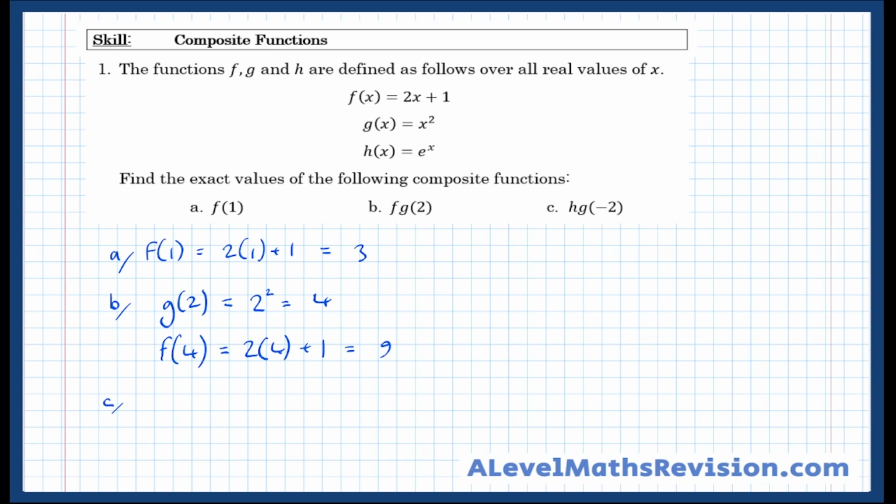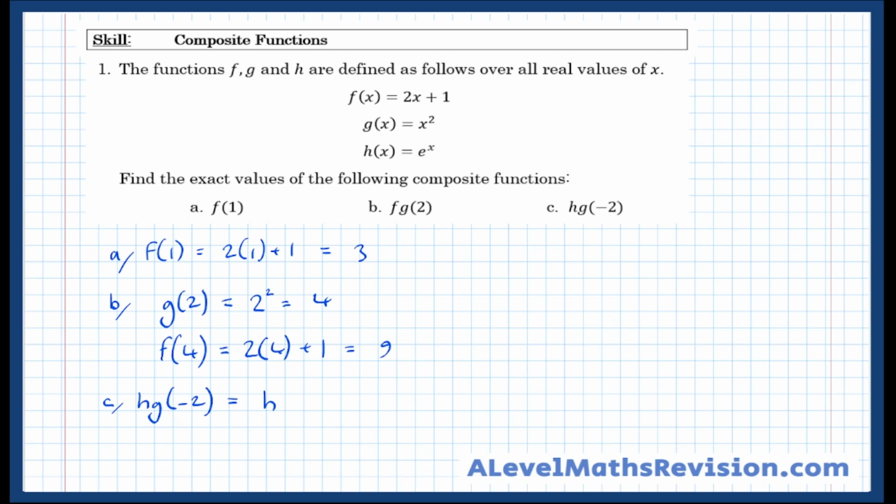You might want to pause it now if you've got the idea and have a go at hg of minus 2. But I'll go ahead with it. So hg of minus 2, well, g is the first thing to be applied. And the way I prefer to write this out, unlike I have done previously, I would actually write hg of minus 2 equals, now let's use the g.